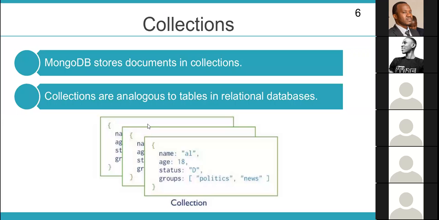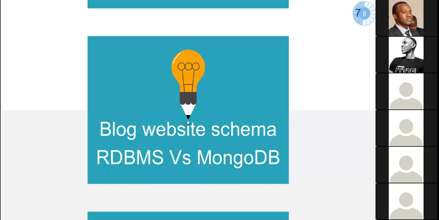It's analogous to a table. Now, where you have a row in a table of users with a SQL database, here in MongoDB you have a document. So a collection has very many documents, and each document represents a unit of data within your database. I hope that makes sense. So collections, just map them to tables.